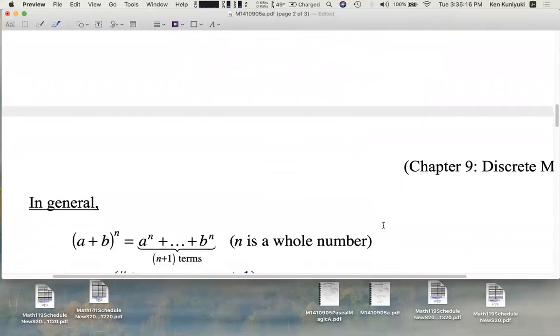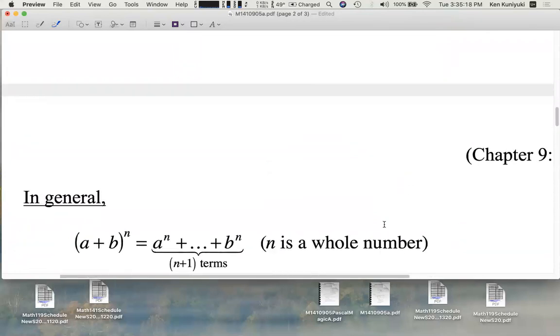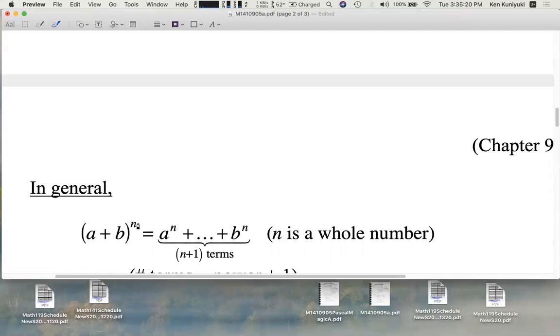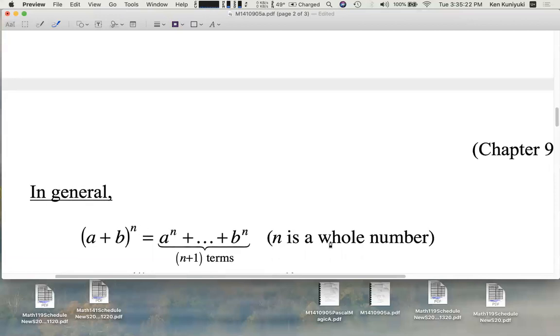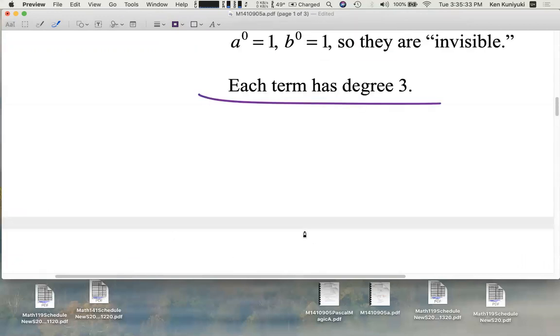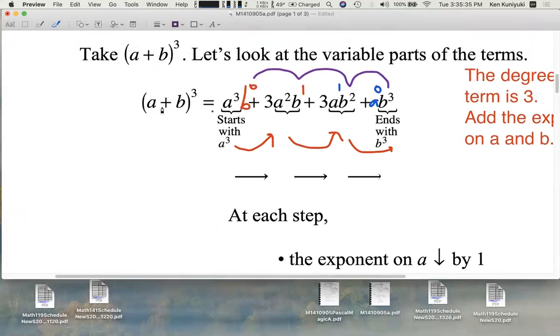So in general, when we consider a plus b all to the n, where n is a whole number, a non-negative integer, we start with a to the n, we end with b to the n, and we end up with n plus 1 terms after we combine all like terms. Notice here that when we had the cube of a plus b, we had 4 terms, right?